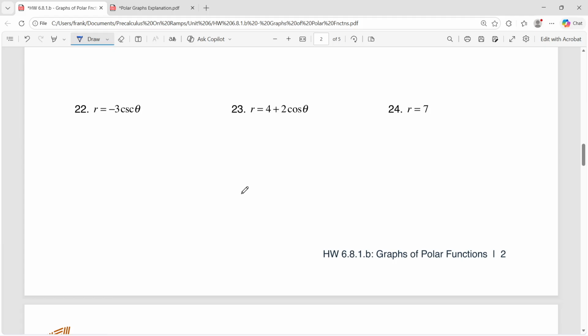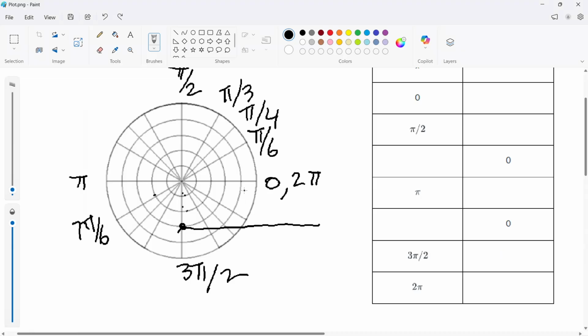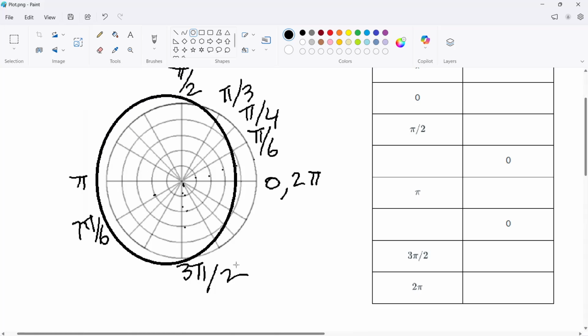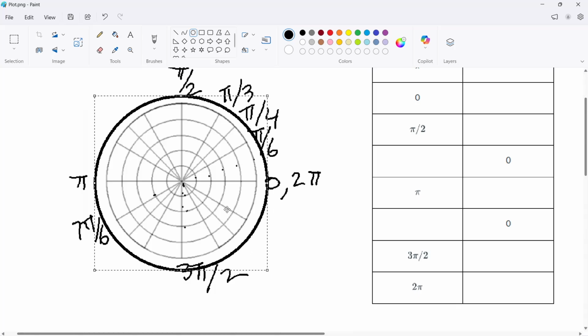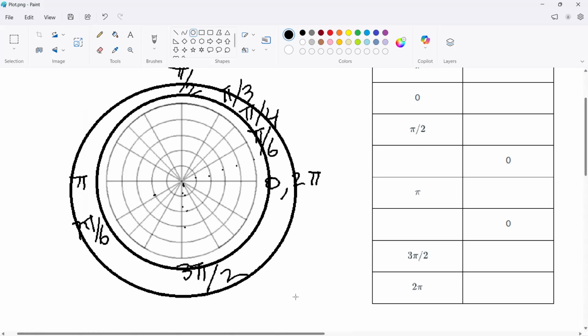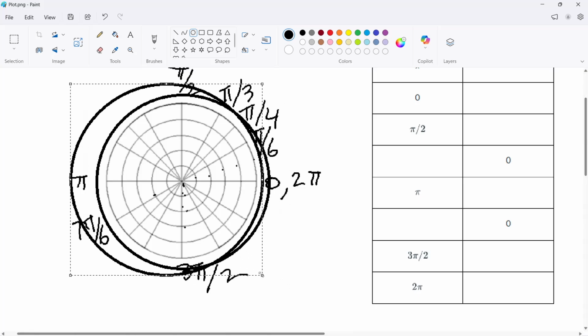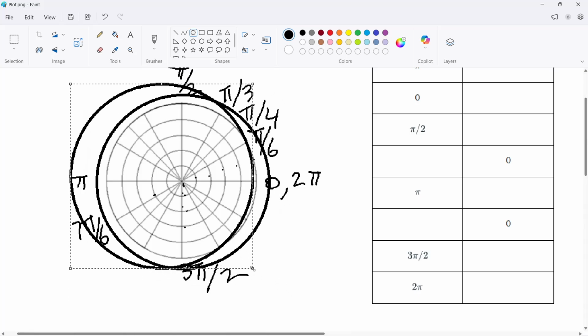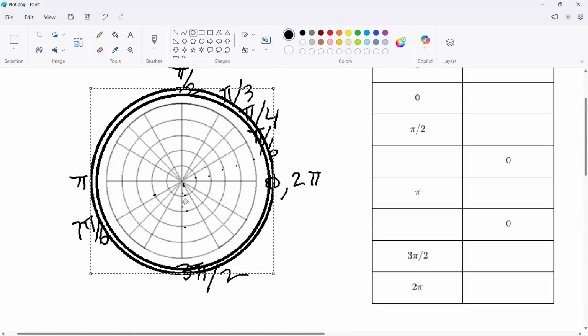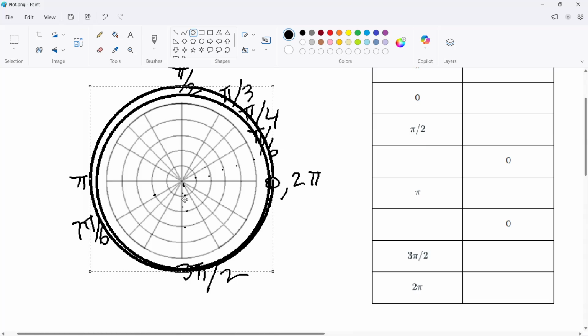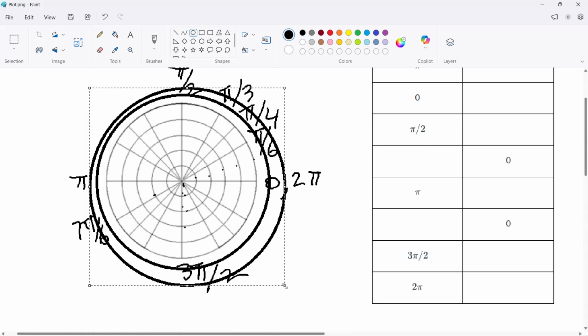I've only got one more, r equals 7. R equals 7 means I'm 7 away from the origin everywhere. 1, 2, 3, 4, 5. I have to draw 2 more rounds of this. Well, that's not bad. I don't want it to be too large. And I want it to be somewhat circular.